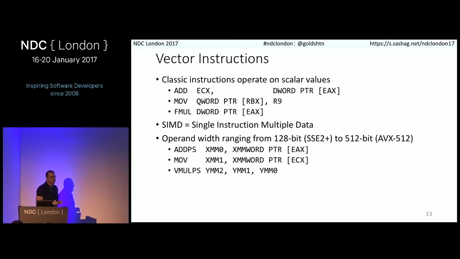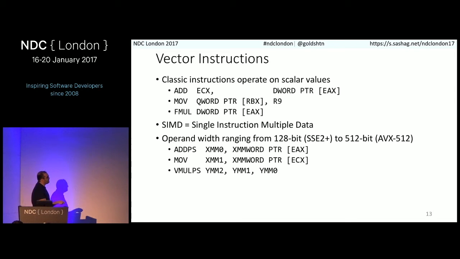Add PS is an instruction that adds 4 floats to another 4 floats and produces 4 results. So it does an element-wise add of a tuple of 4 floats and another tuple of 4 floats, producing a tuple of 4 results. Which is pretty nice for a single instruction, assuming it works as fast as the standard add, which we'll see later.